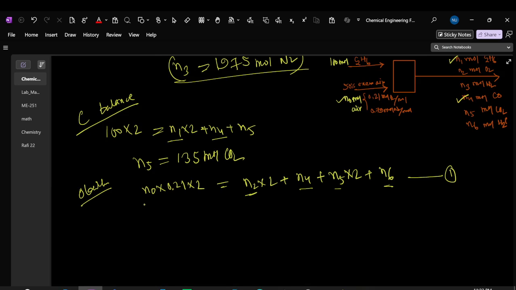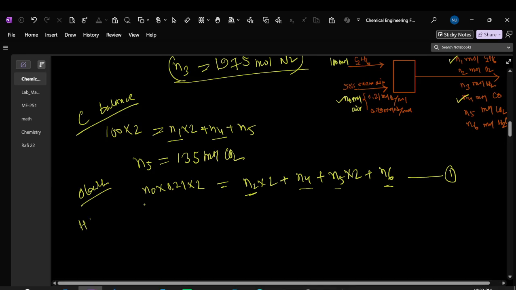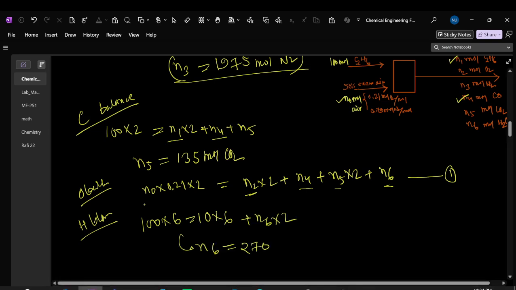So we need another equation, which is the hydrogen balance. Hydrogen balance will be 100 into 6 equals 10 into 6, plus N6 into 2. By this equation we can easily evaluate the N6 value, which is 270 mole H2O.